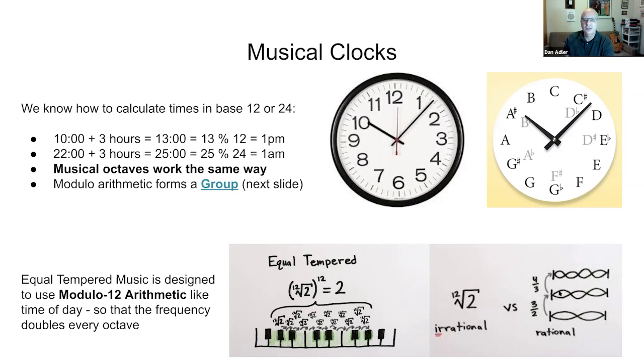If I tell you it's 10 o'clock and I'm going to meet you in 3 hours, you know how to do the math. 10 plus 3 is 13, but you know that you have to subtract 12. That's a modulo operation. The same type of thing works in music as well. You all know how to transpose and do all those things intuitively. But there's a mathematical, beautiful idea behind this, which is that we think in these things that we sometimes call groups. I'll talk about that next.